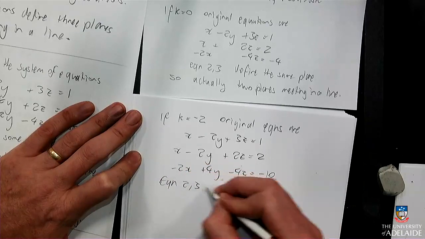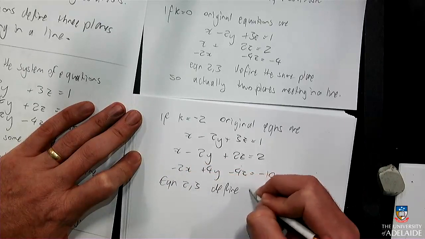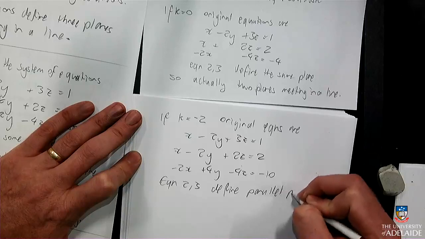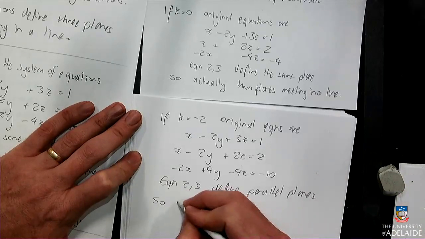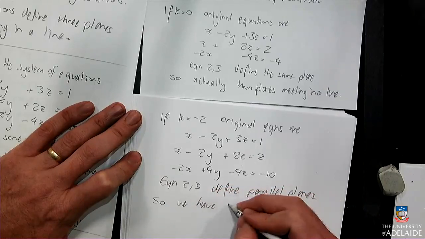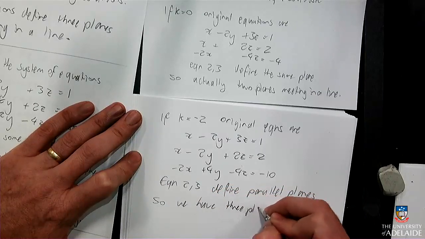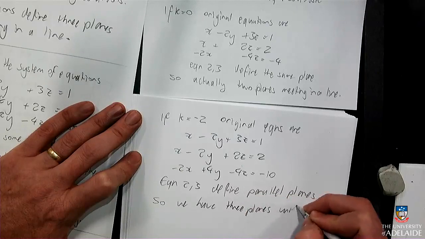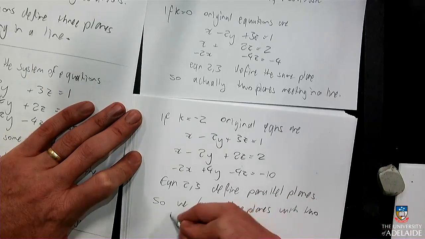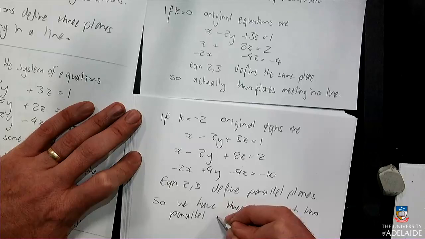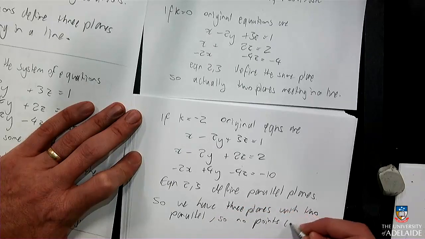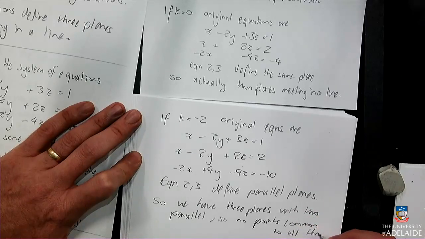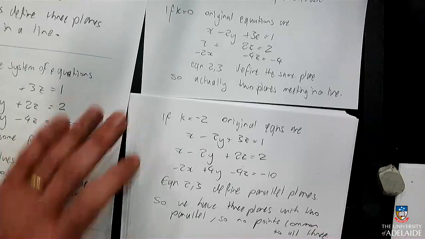Equation 2 and 3 define parallel planes. So we have 3 planes with 2 parallel. So no points in common to all 3.